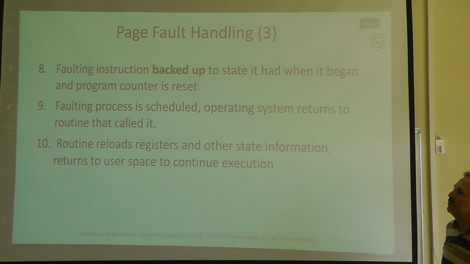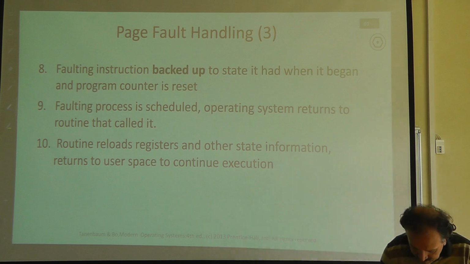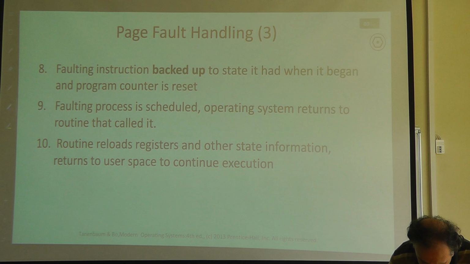And I would go to number 8: the faulting instruction is backed up to the state it had when it began, and the program counter is reset. Number 8 is important because, let's say, I say move the content of register A to this address 0xFF76.